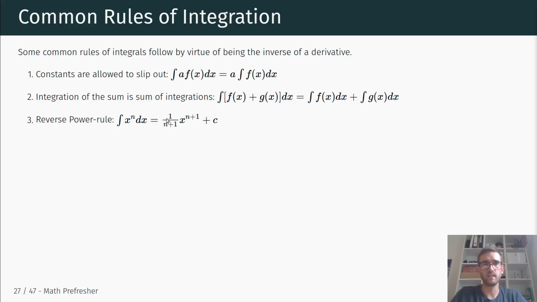And n plus 1 divided by n plus 1, of course, cancels out. So we're left with x to the power of n. And c, the constant, would drop out as well.